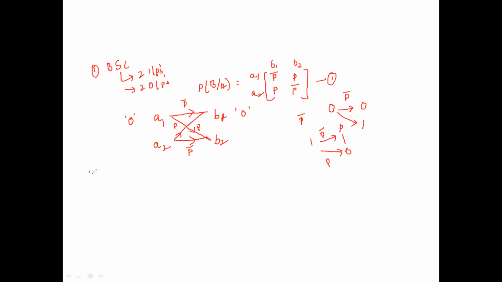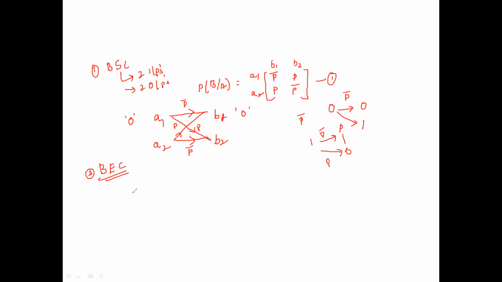The next type of channel we have is the binary erasure channel. This is the most commonly used channel in digital circuits. Here, if there is an error in a symbol received at the receiver, the receiver will not accept that bit.